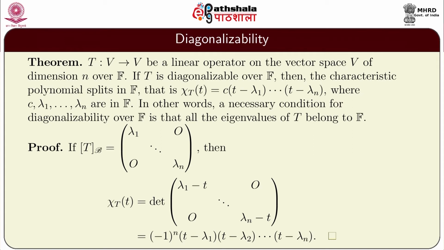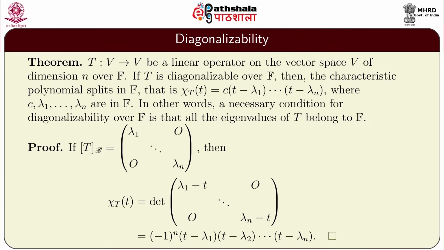Proof: given that T is diagonalizable over F, there exists an eigenbasis B for V such that the matrix representation of T with respect to the eigenbasis B is the diagonal matrix with diagonal entries lambda 1, lambda 2 etcetera up to lambda n.